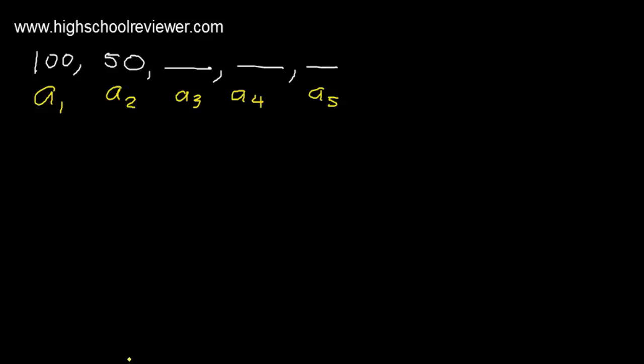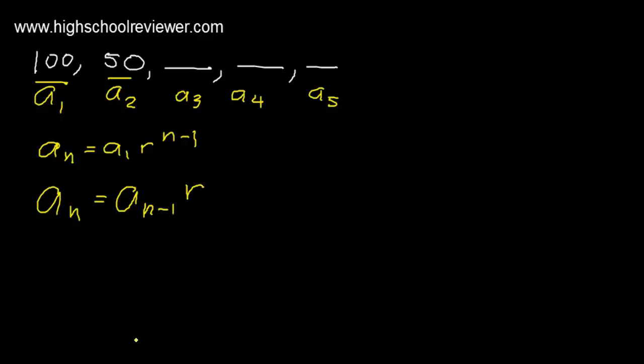So to solve for a missing term, the formula is a sub n equals a sub 1 multiplied by r raised to n minus 1. But we can use this if there are no consecutive terms. Since we have consecutive terms, 100 and 50, we can also use this formula: a sub n will be equal to a sub n minus 1 multiplied by r.